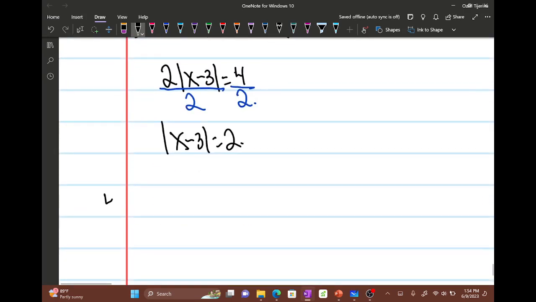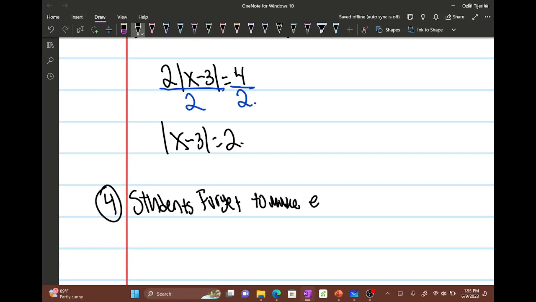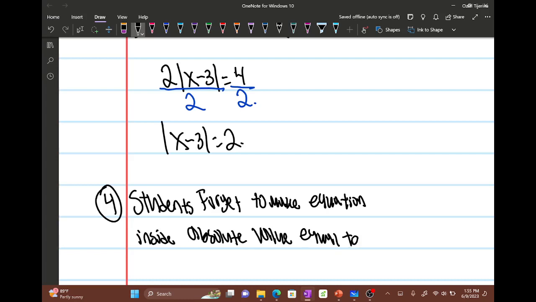Number 4 is the idea that students forget that to make the equation inside the absolute value equal to a positive and negative number.